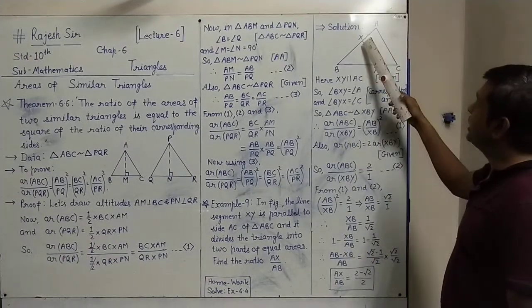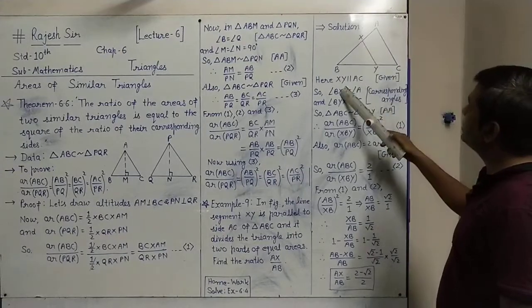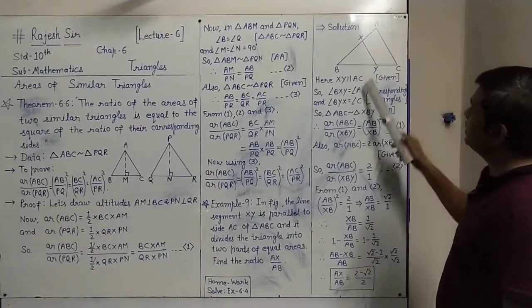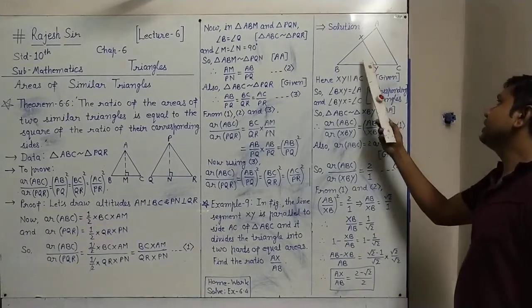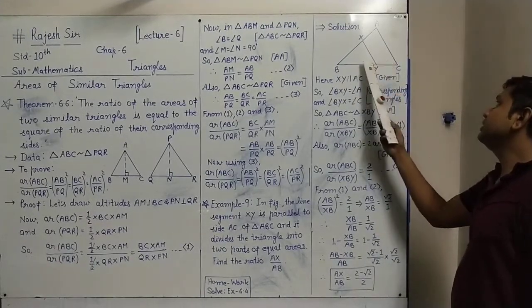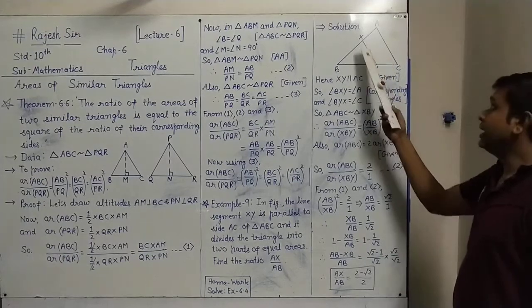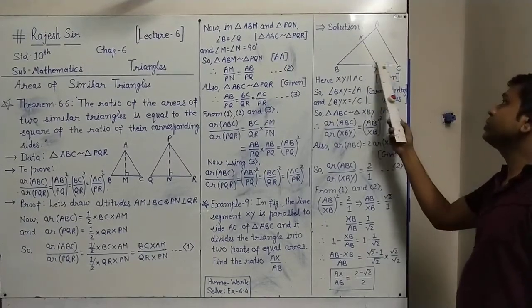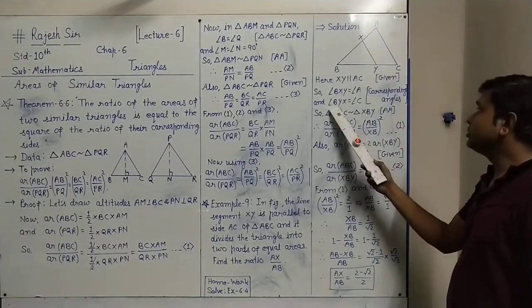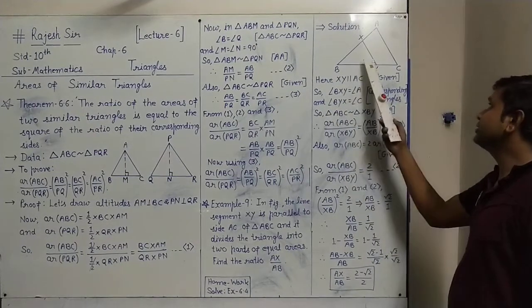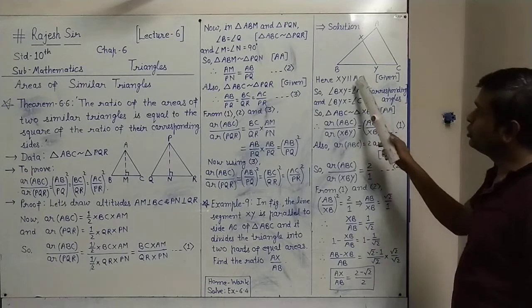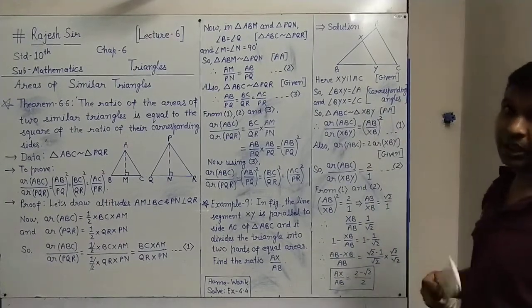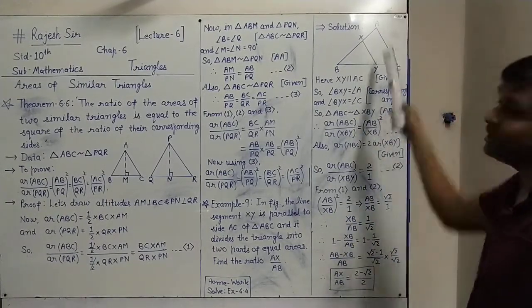So we have shown that angle BXY is equal to angle A. Similarly on this side, angle BYX and angle C are corresponding angles, and as XY parallel to AC is given, corresponding angles are equal. So angle BYX equals angle C. Both are corresponding angles and both are equal because XY parallel to AC is given.